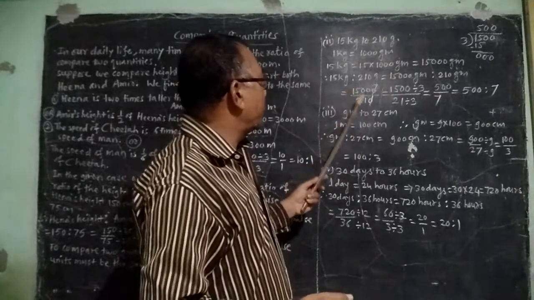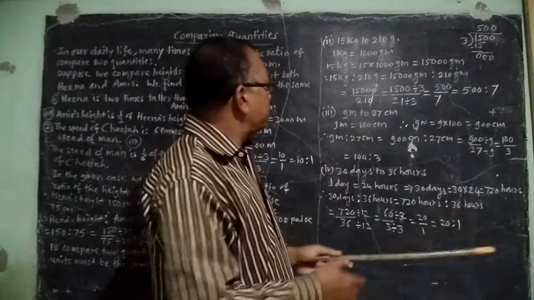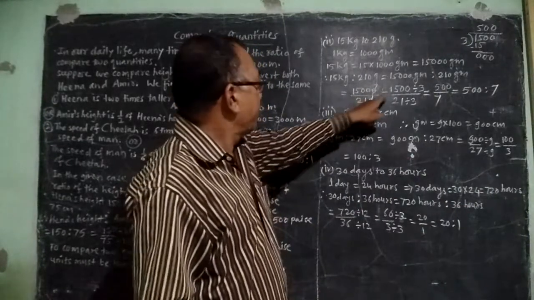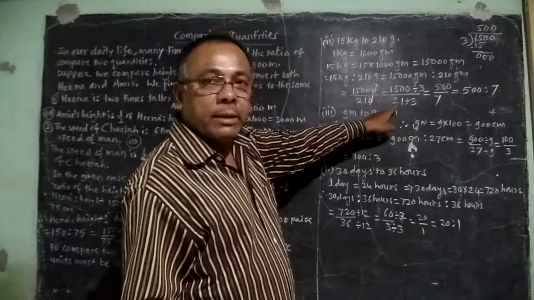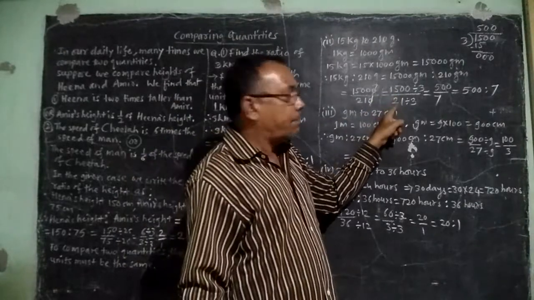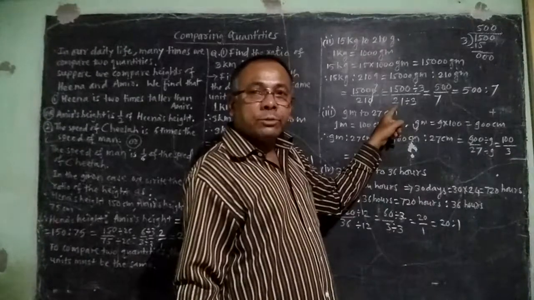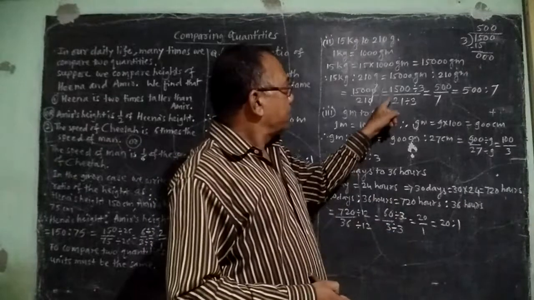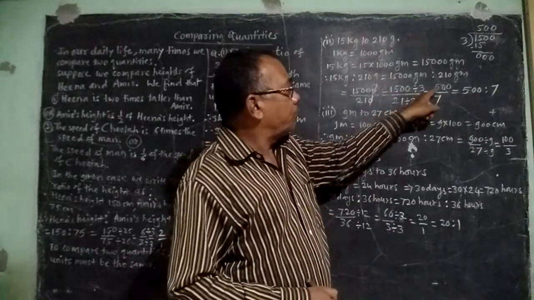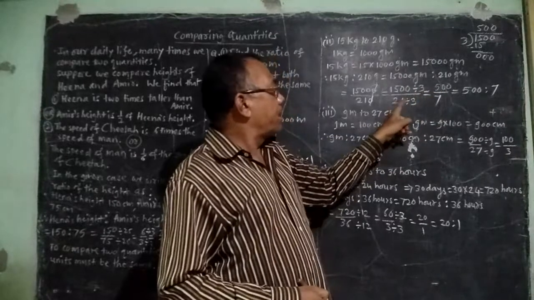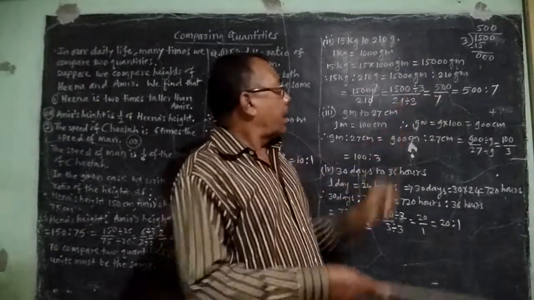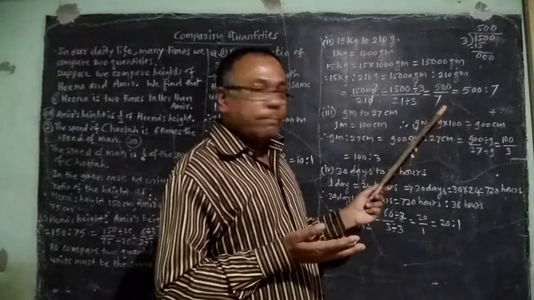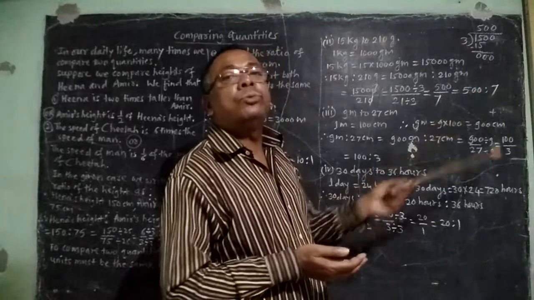We will divide 15,000 by 210, means here cancelling unit place 0 we get here 1500 upon 21, and 1500 upon 21 can be reduced by dividing both numerator and denominator by 3. Here 1500 divided by 3, we will get 500, and 21 upon 3 will be 7, and therefore 500 upon 7 can be written as 500 as to 7.